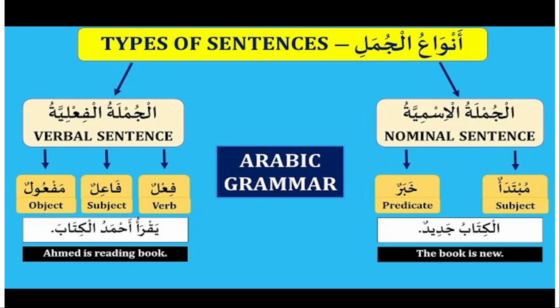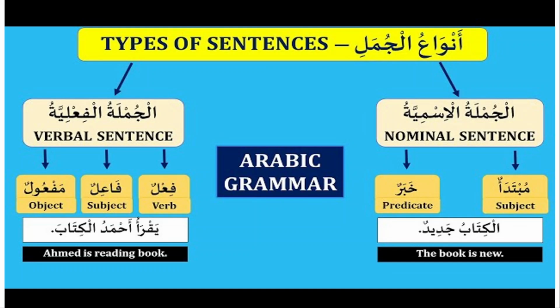So yaqra is the verb, Ahmed is the subject, and al-kitab is the maf'ul on which the action is being done. Right? So Ahmed is the person who is reading the kitab, right? So this is an example of a verbal sentence.